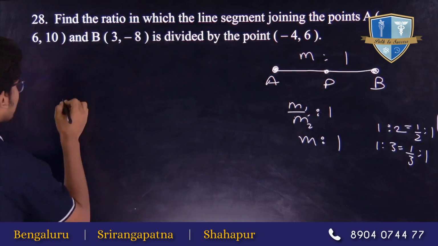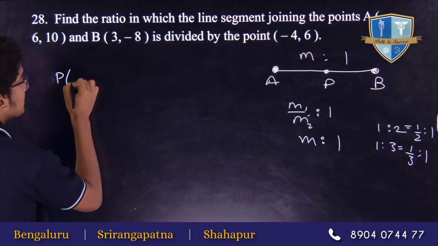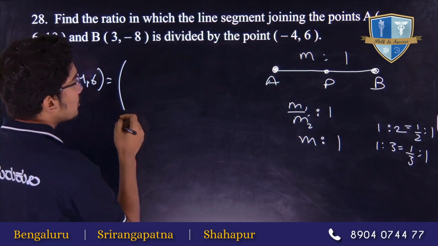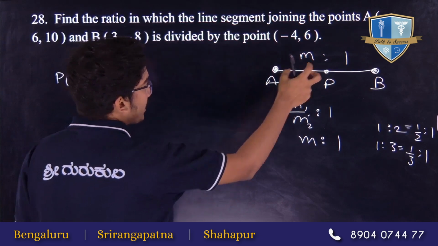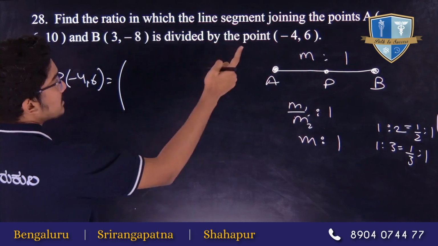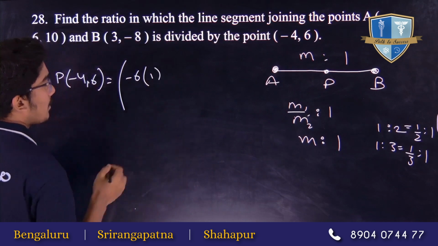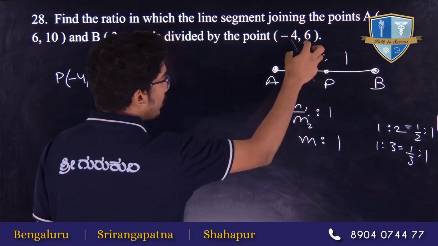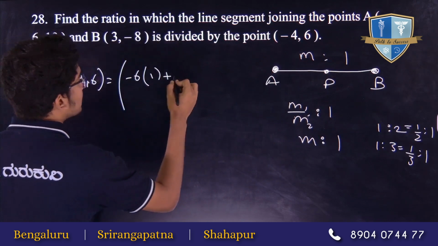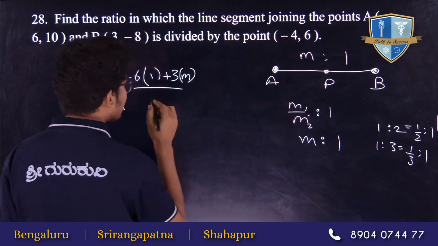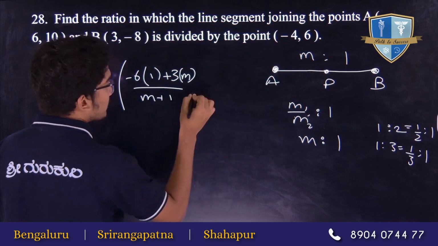So the section formula for point P, which is (-4, 6), is equal to: we take the coordinate of A, which is -6, into 1, plus the coordinate of B, which is 3, into M, divided by the sum of these two, which is M+1, comma.